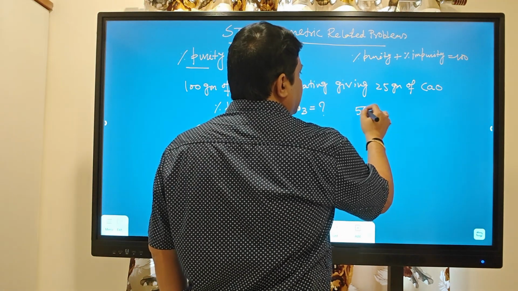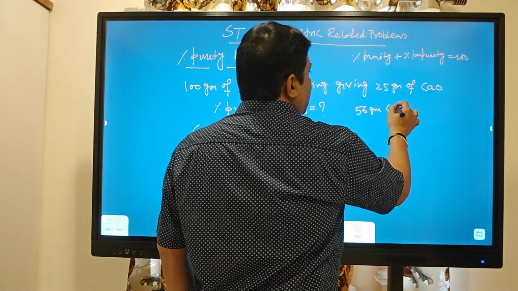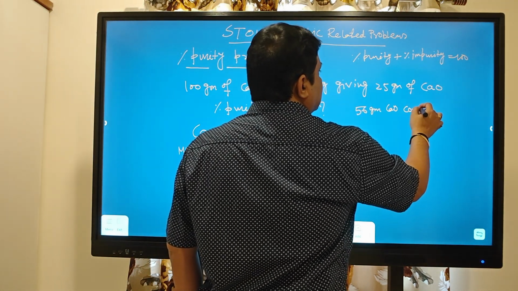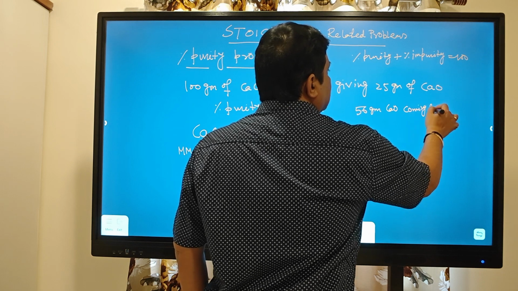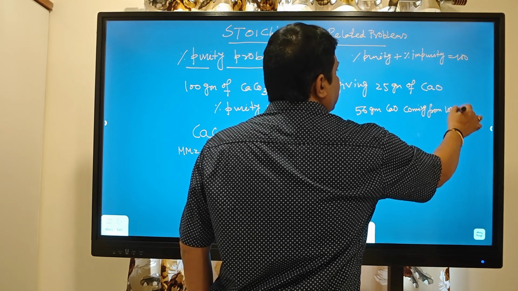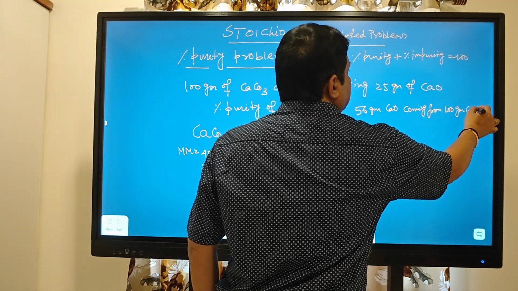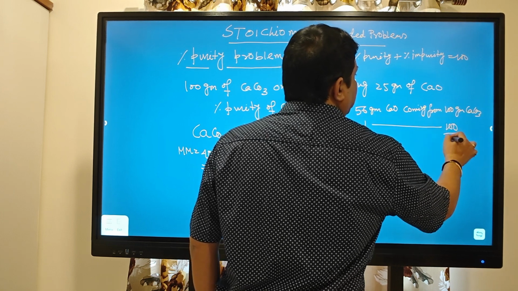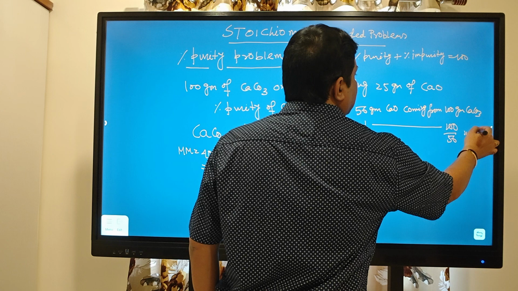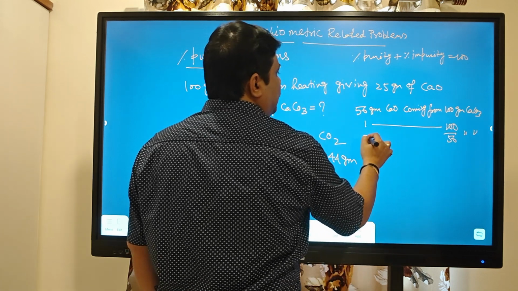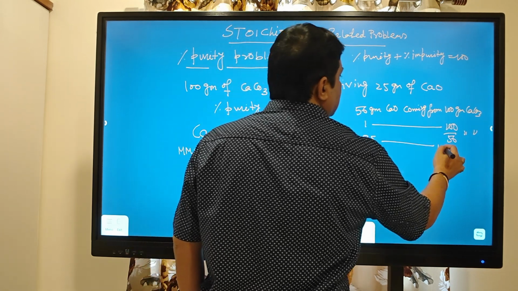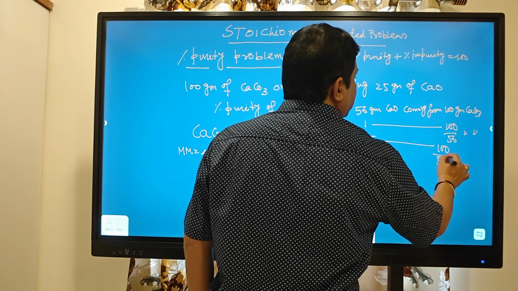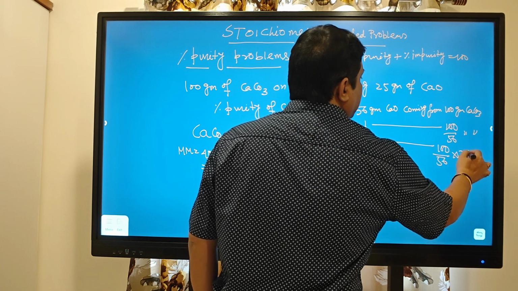Then 56 gram of calcium oxide is coming from 100 gram of calcium carbonate. Then 1 gram will come from how much? 100 by 56 gram of calcium carbonate. Then 25 gram will come from how much? 100 by 56 into 25.